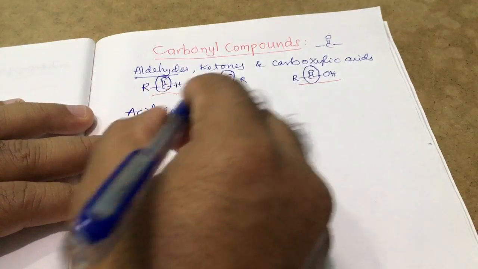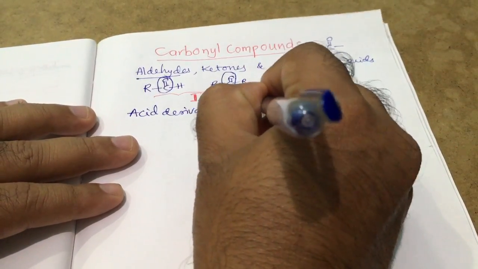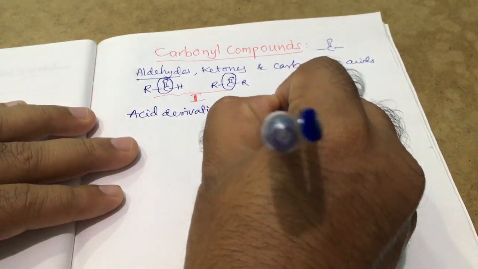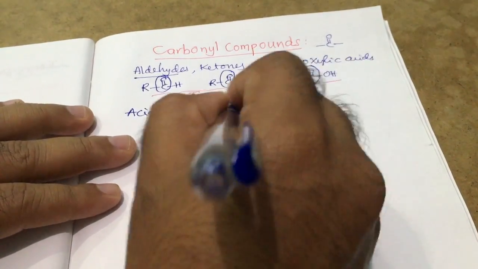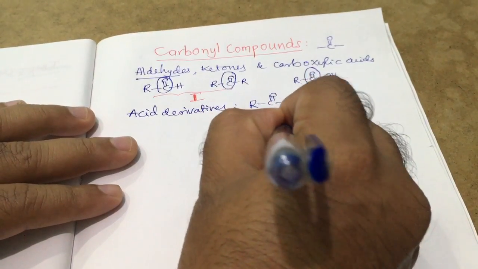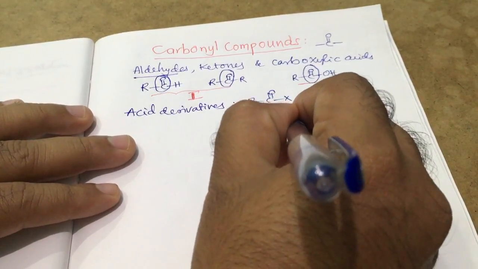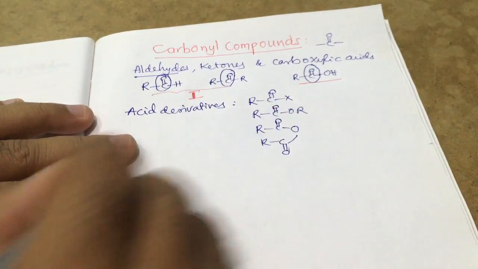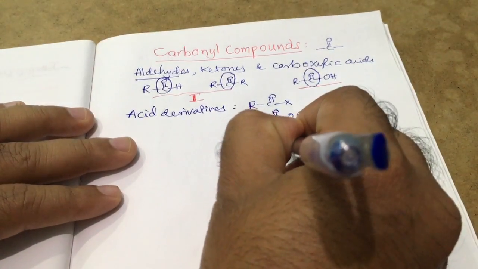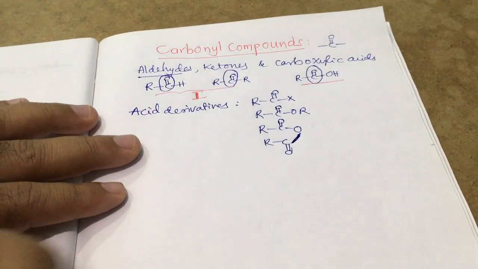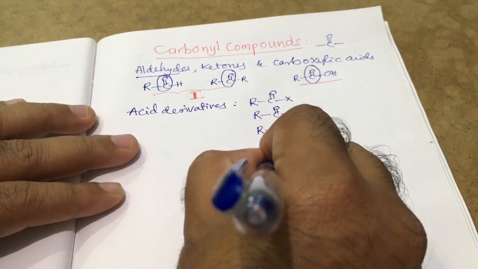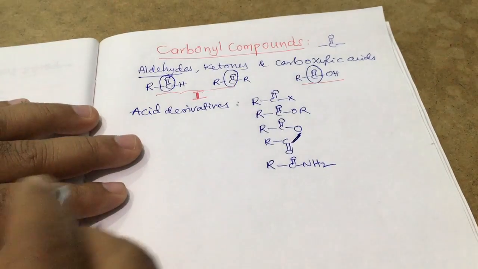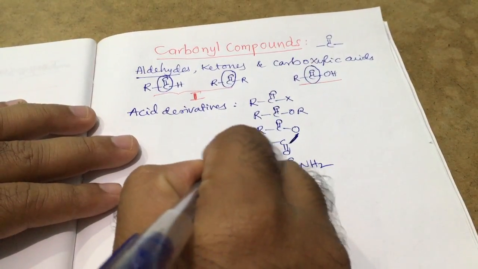In the acid derivatives, we have RC=OX, RC=OR, and RC=O-O-C=O R. This is called acid anhydride. The bond to the oxygen is a single bond only. Next, RC=ONH2. This is called amide.